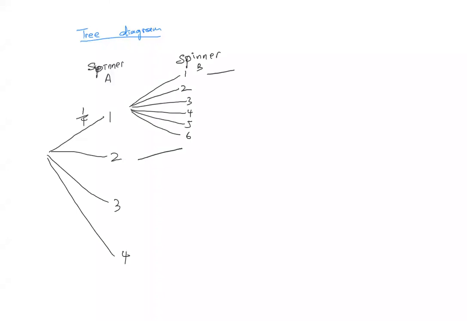So this is the outcome. 1 and 1, so the sum is 2. 1 and 2, the sum is 3. So you have to list out like that. You want to do it? Can, no problem. But this is also not a good way when you have too many outcomes for each one.